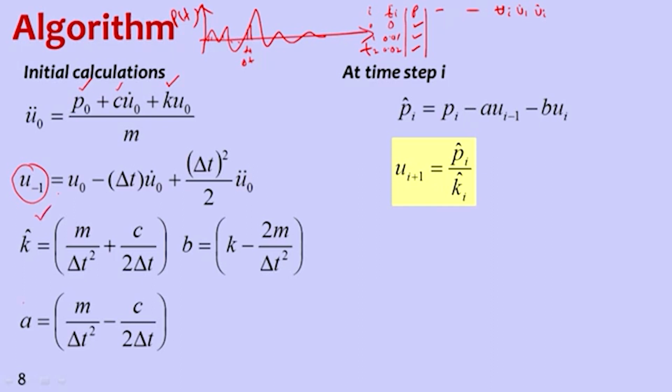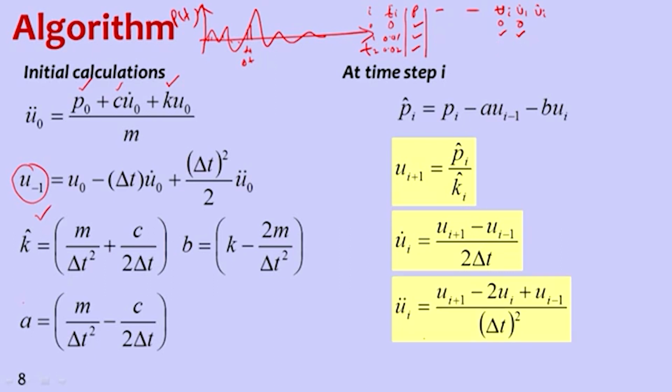K cap we calculated, P cap we calculated, so we get displacement. Initial velocity is 0. Once we get displacement, we write these values here. Then through that we calculate velocity and write it here. So these columns will be filled. And then we derive acceleration and write acceleration here. Like that these columns are populated.